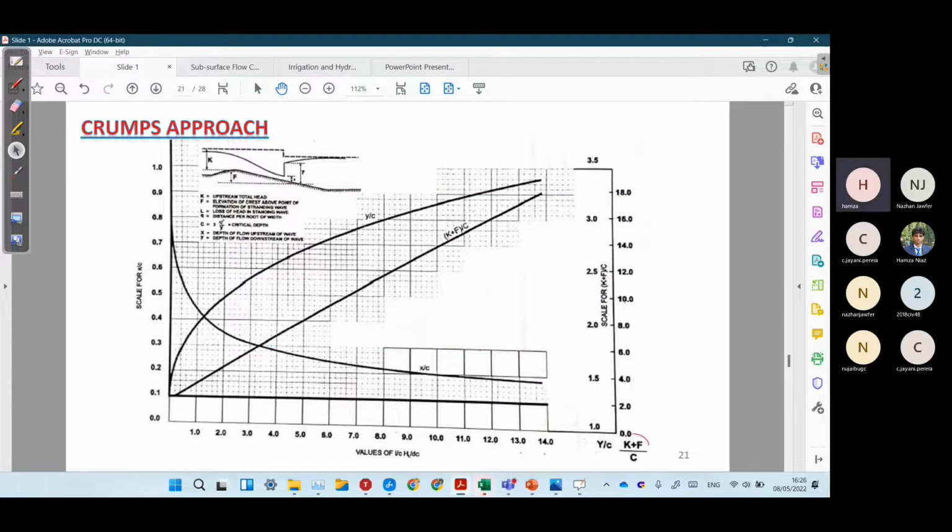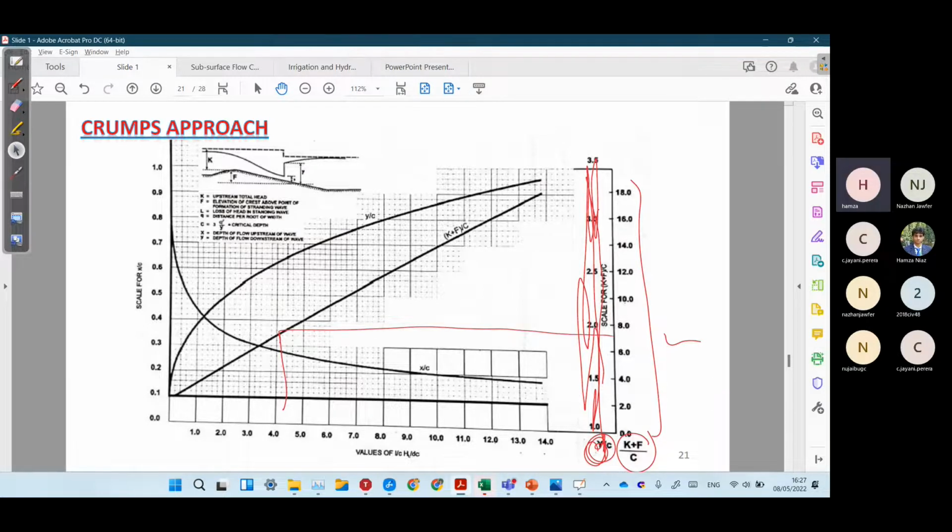We have to check these values on the right side, not these values on the left. These are for y over c. We do not need this. We only need this K plus F over C value. So we check this value on the right-hand side. For example, we can write it as 7.5 approximately.